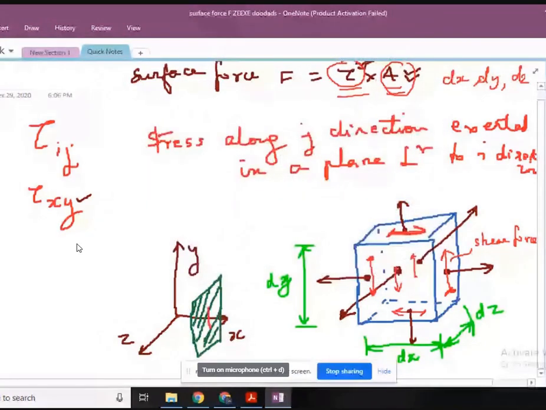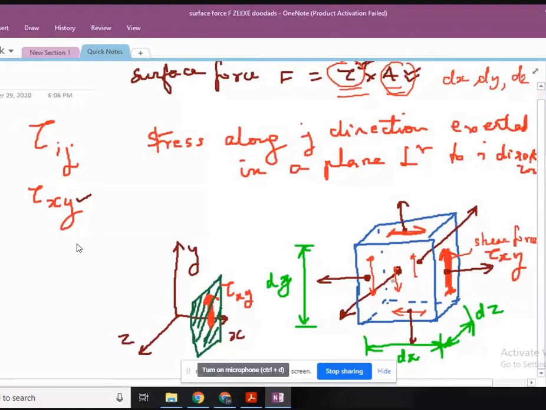And the plane on which it is acting is perpendicular, because through this plane the perpendicular x direction is passing. So in this picture, this is the stress I am talking about, tau xy.